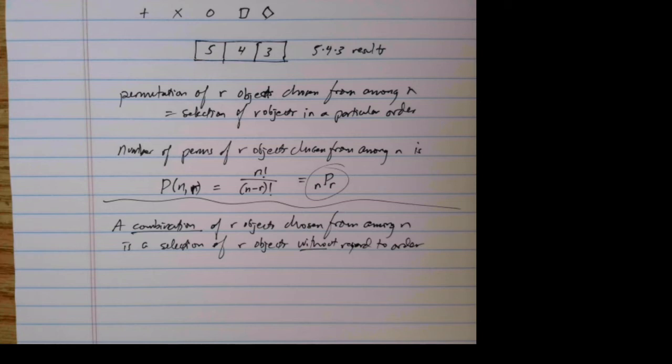A combination is just choosing r objects to throw in a sack. Right? There's no possible way the order can matter.